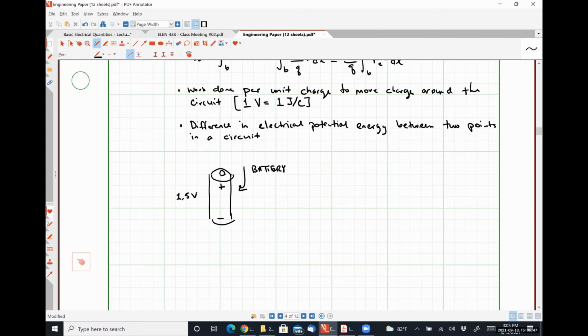We have no frame of reference at all when we have an isolated voltage source like a battery like that. All we know is the difference between those two terminals, which is exactly the voltage supplied by that battery. So just like we did previously, we have a magnitude that we need to pay attention to, and now we also have to have a polarity instead of a direction, right?